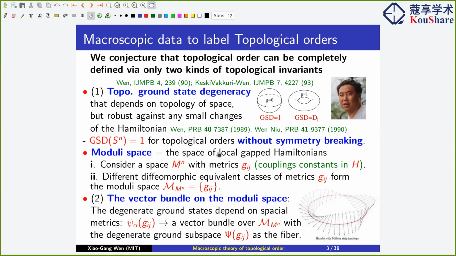So here one makes some kind of logical or illogical step. That is, we view the coupling constant as a metric. On a manifold there is a metric, and we pretend these metrics are coupling constants. This is reasonable when you have a particle moving in free space. The mass can be not a scalar but a matrix, and the mass matrix really plays the role of the metric. So in some sense, you can view this metric as some kind of mass matrix of the particle with interaction and so on.